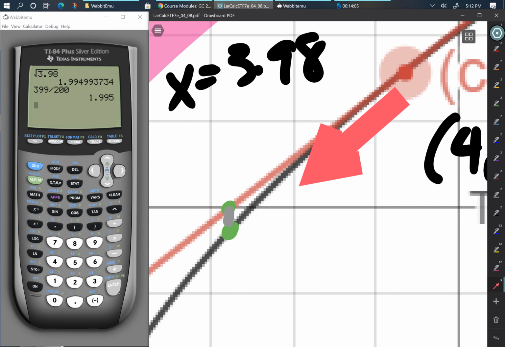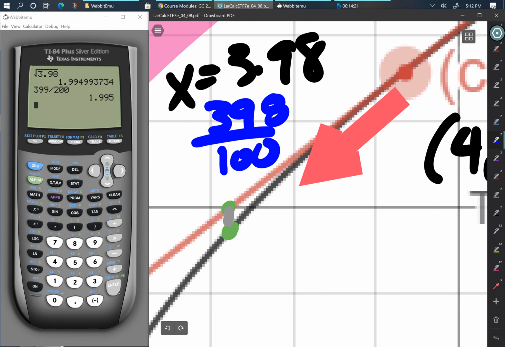If you were just sitting there doing math all day long, do you think that you could find some fraction closer to 398 hundredths that is a perfect square? It would play nice with the function, because if you could move this point over closer, say to here, then this difference would get smaller and your answer would be more accurate.